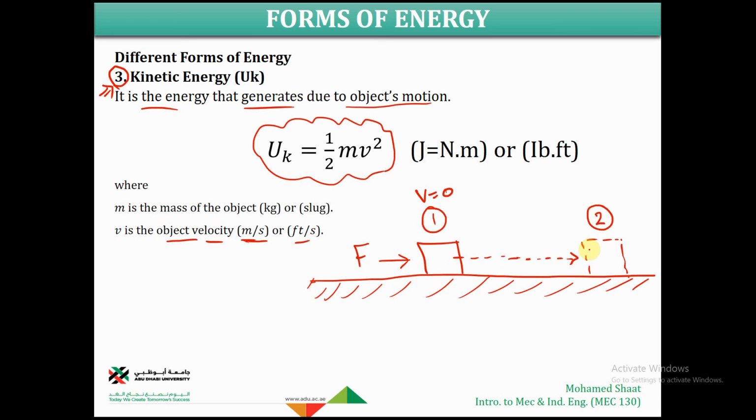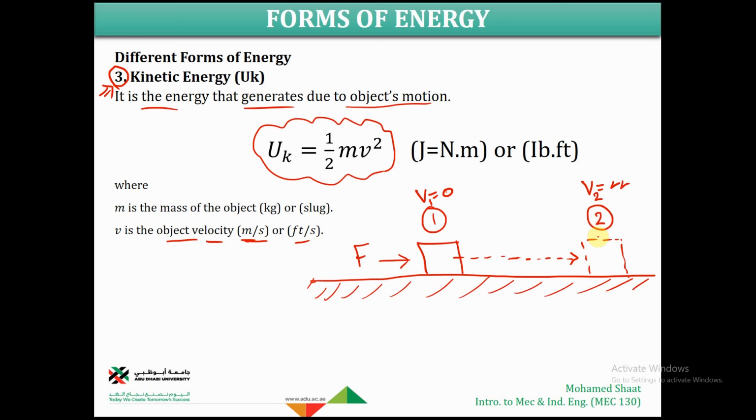So this is position 2 for the box after the pushing with the force F. Initially the velocity should be 0. When we apply the force, the box will start to speed up. It means that the speed of the box is going to keep on increasing till at this instant of time it will have a certain value. So V1 here was 0, V2 here will be with a specific value.